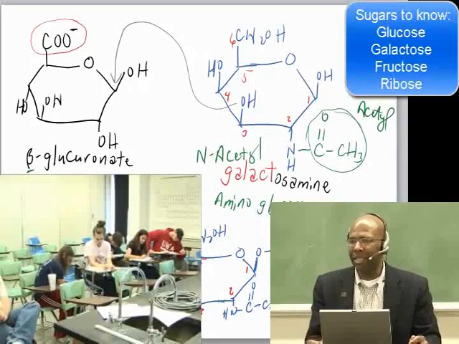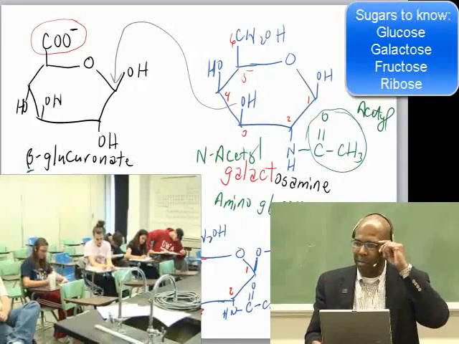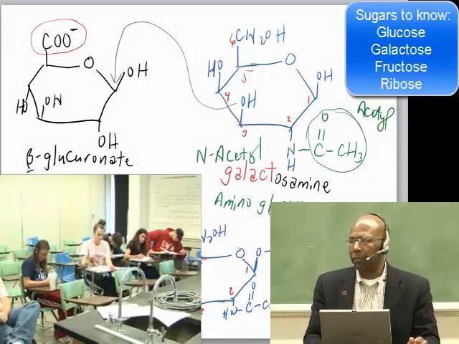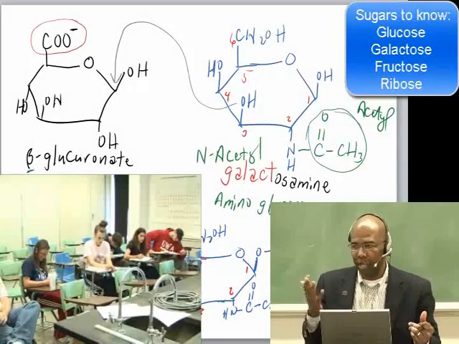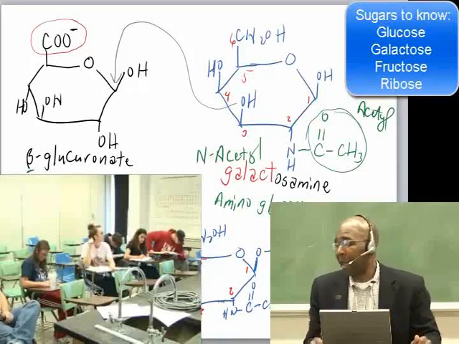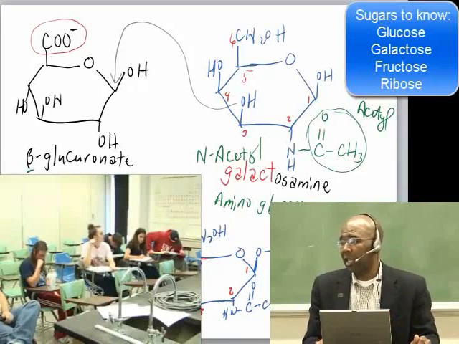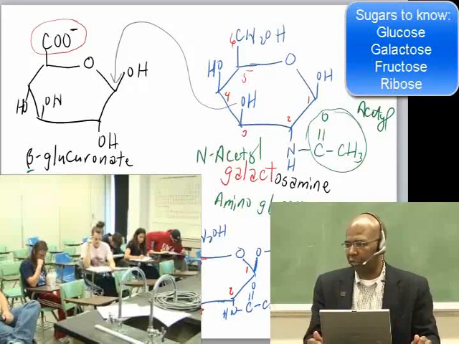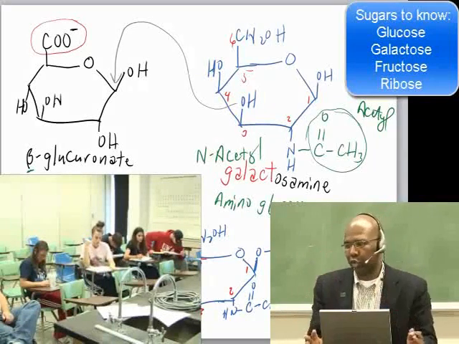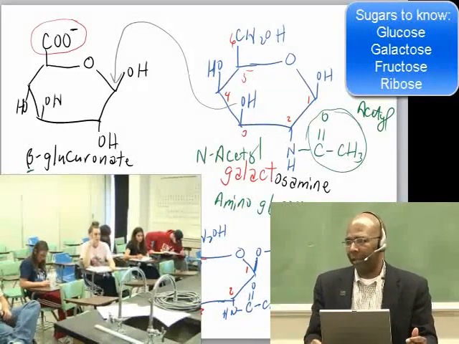And the third one is going to be galactose, but all you have to remember is that it's the 4 epimer of glucose. And anything else I asked you to draw, you could know. It would be based on glucose. Like I could ask you on the test to draw for me the 3 epimer of glucose in the Haworth projection or in the Fischer projection. And so you have to know what glucose looks like first, and then you can easily draw that.